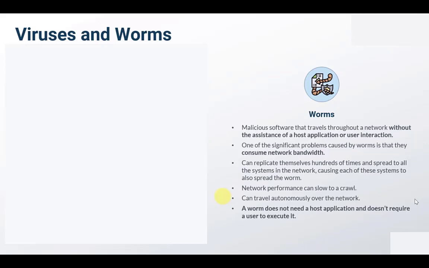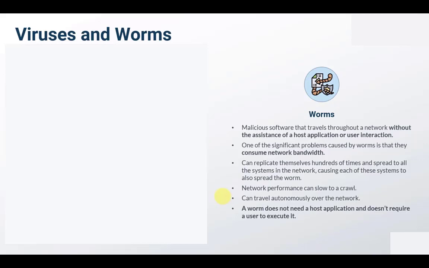A significant problem that can occur with worms is that they consume network bandwidth. Whenever you have worms on your network, you can see your computer slows down and your network is choking. This is the indication that you have a worm on your system or your network. They can replicate themselves hundreds of times and spread all over the systems in the network.